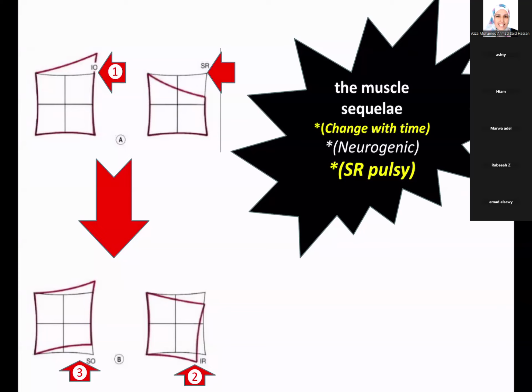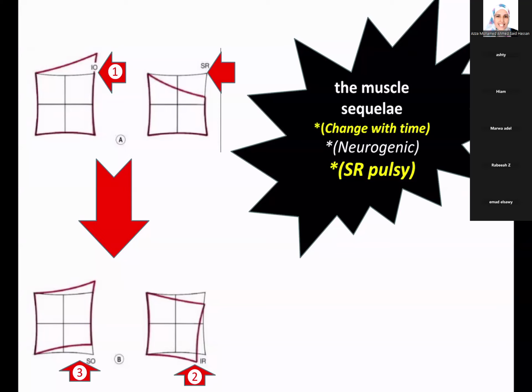Then there is overaction of its antagonist, which in this case is the inferior rectus. Then secondary disinhibition of the contralateral antagonist, which is the antagonist of the yoke muscle, in this case the superior oblique muscle. There is underaction of the superior oblique muscle.